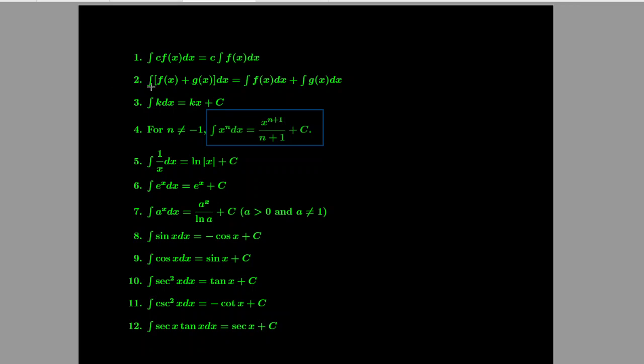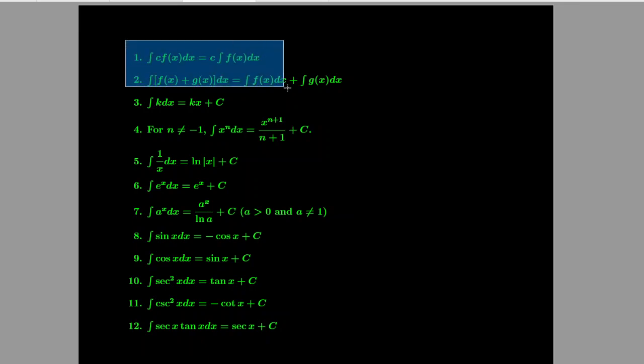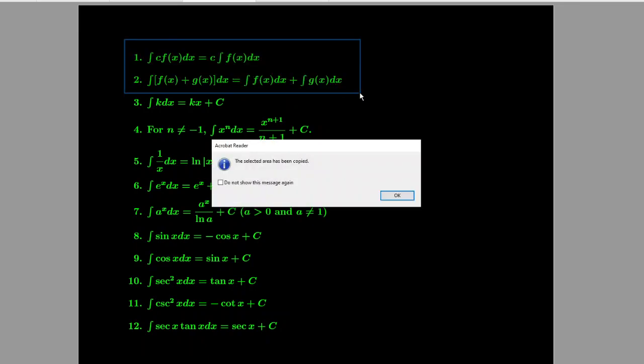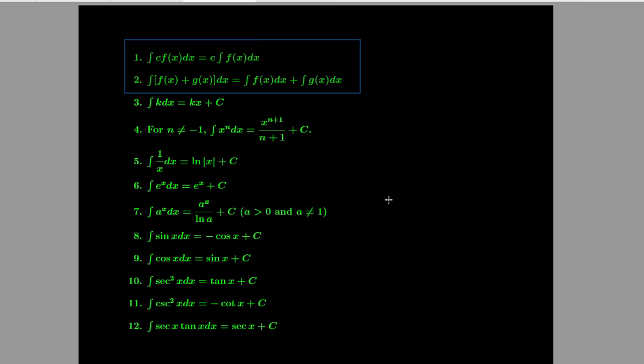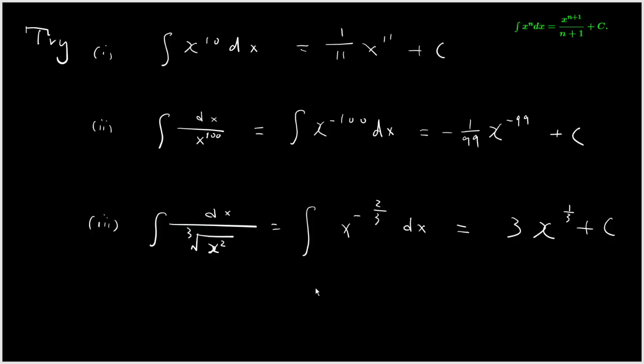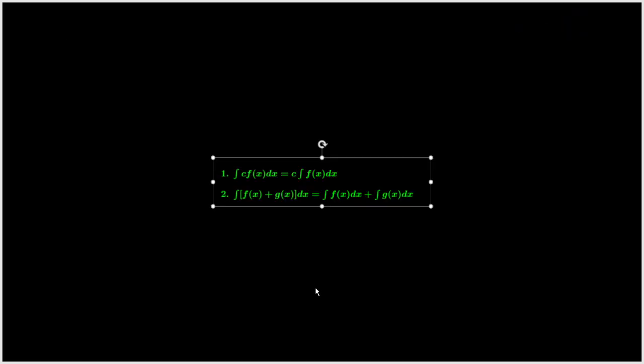It says the integral of the sum of two functions is equal to the sum of the two integrals. I'm going to use some particular integrals to show the meaning. How about I just copy the two properties to the PowerPoint, so you'll see what we are doing.